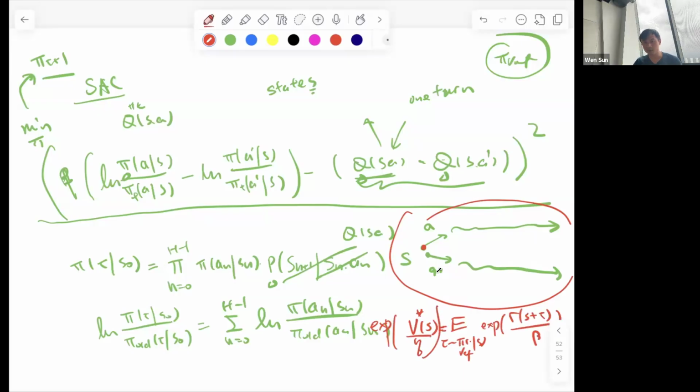In other words, if you exponentiate the optimal value function, it equals the expected exponential reward on trajectories generated from pi-ref. So you just start from S, you roll out a trajectory tau, you exponentiate, you take the expectation of this random variable, and that gives you the exponential of V star.